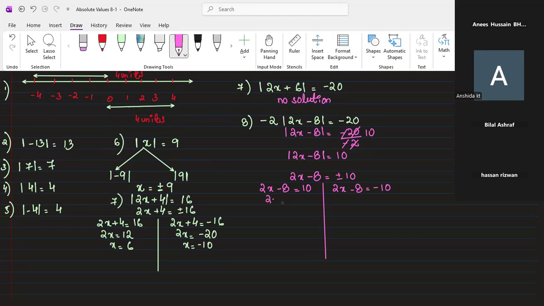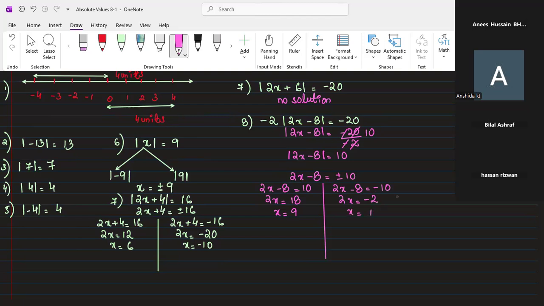So this is 2x is equivalent to 18 and x is equal to 9. Over here, this is equivalent to shifting minus 8 to the right hand side. That is going to be equivalent to minus 2, and x is equal to minus 1.